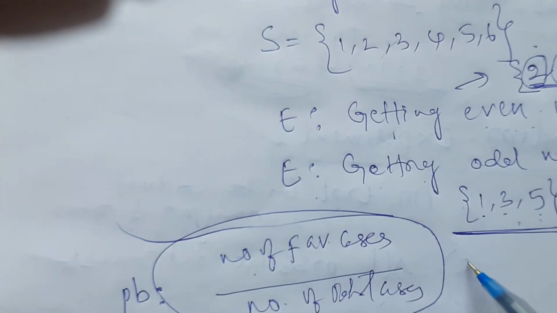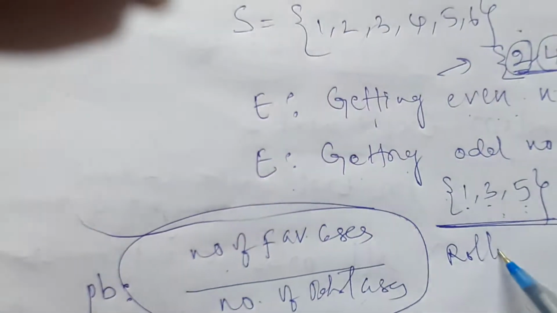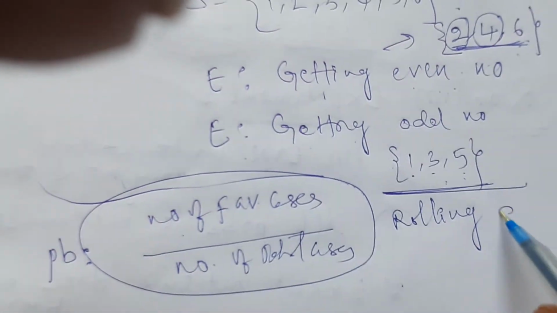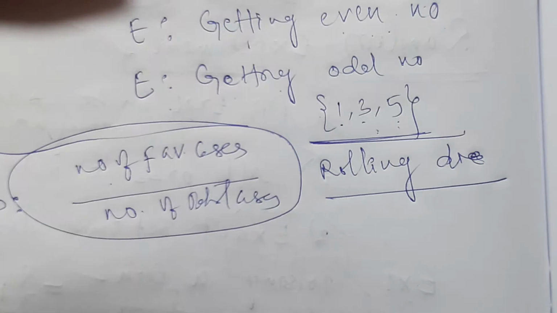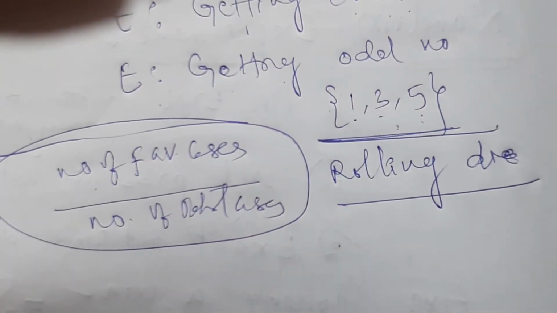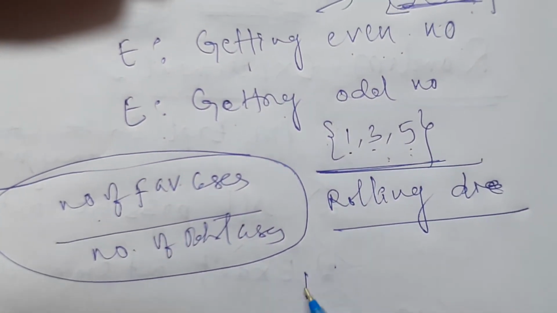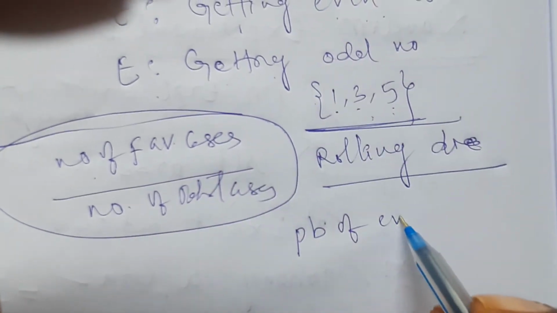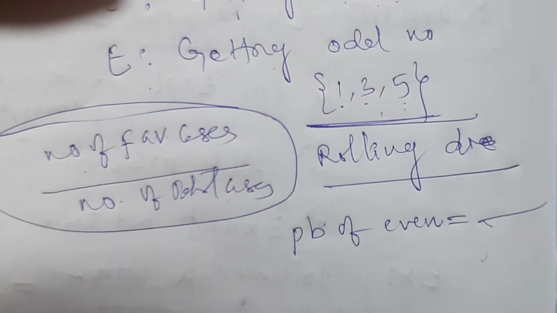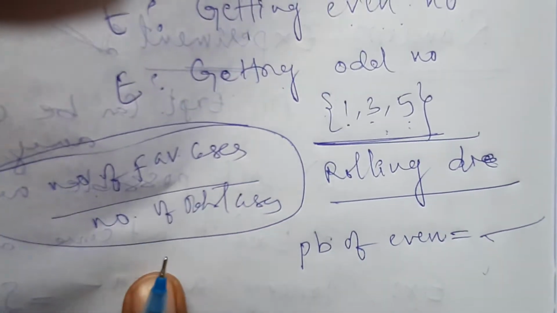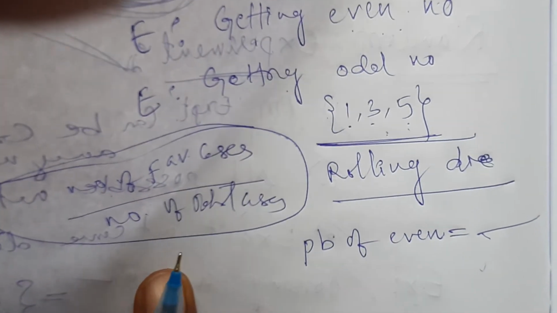Here the experiment is rolling a die. This is one experiment, the random experiment. Whenever I use the words random experiment, you have to remember all those definitions. For example, the probability of getting an even number. When we roll a die, how many entries does the sample space contain?